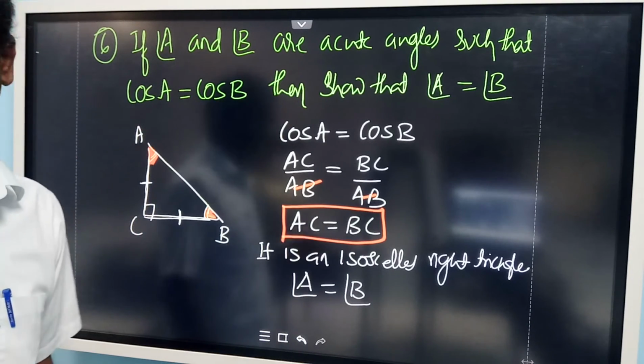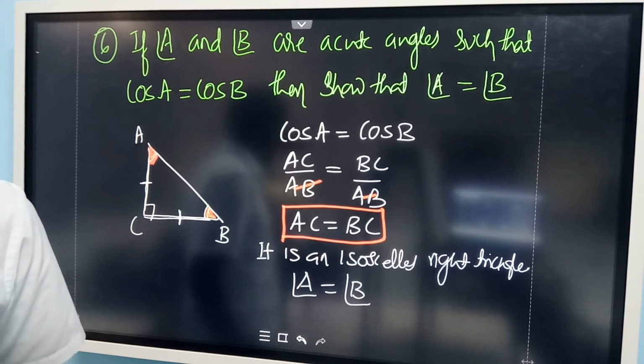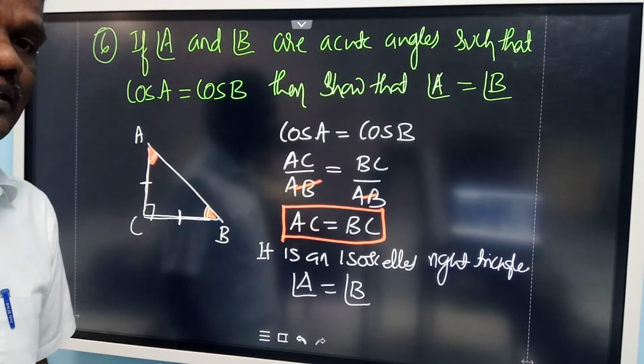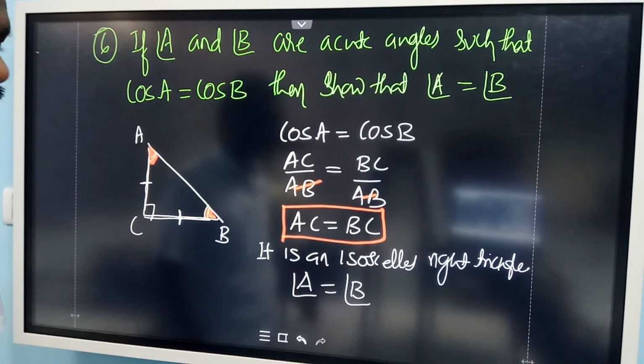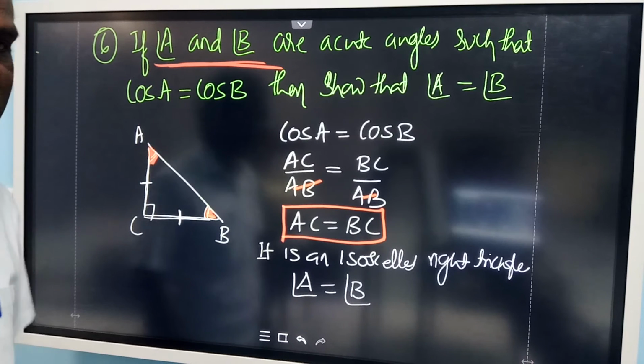We discussed the same type of question in the example also, that is example number 2. There, angle B and angle Q are two acute angles of two different triangles. Here these are the two acute angles of the same triangle ABC.